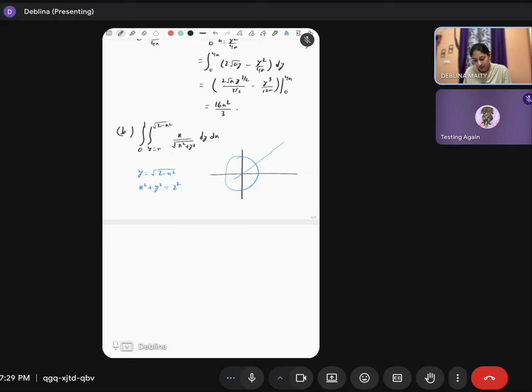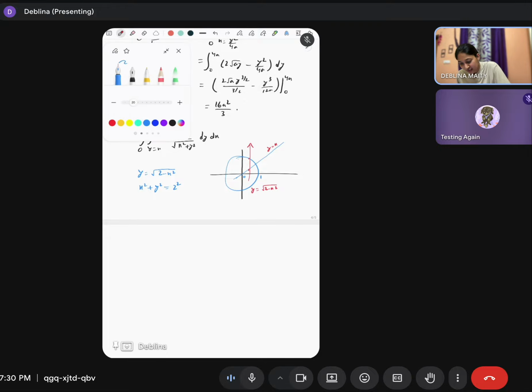So this is the circle, and since x runs from 0 to 1, y goes from this curve, first from y equals to x, then to y equals to root over 2 minus x square, in this direction.